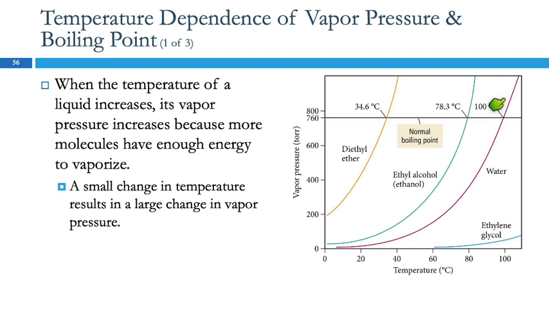If we increase the pressure, say by using a pressure cooker or like an Instant Pot, right, that seals, as the water starts to boil, then it's going to build up pressure, and the water will actually boil at a higher temperature.